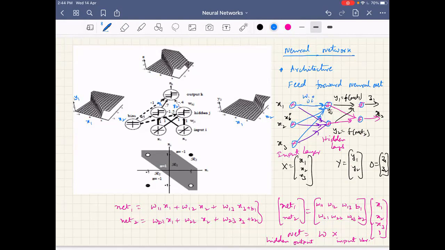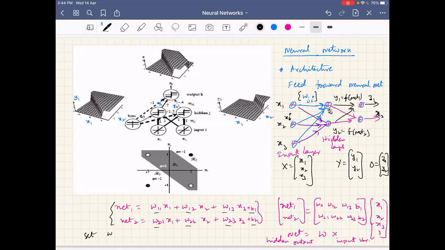We can write it as WJI, XI mapped to YZ, right? So now the training of the network means how do we set all the respective weights and biases in a network: WJI and similarly WJK.